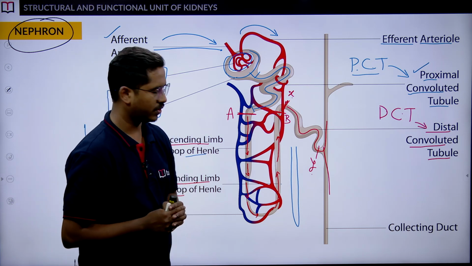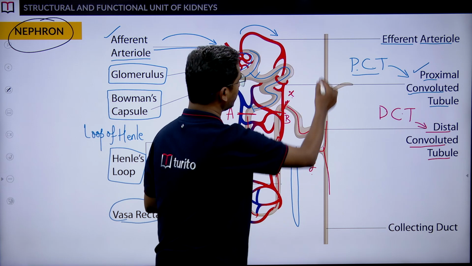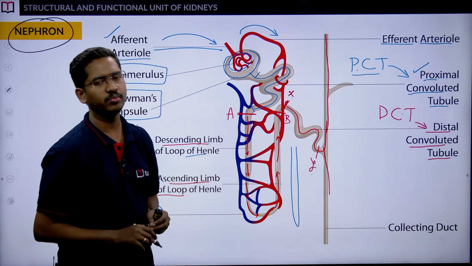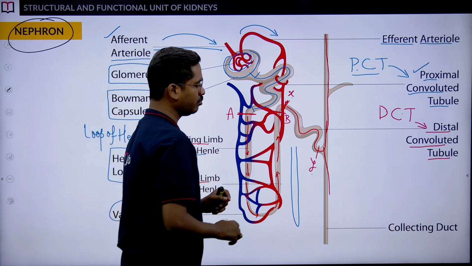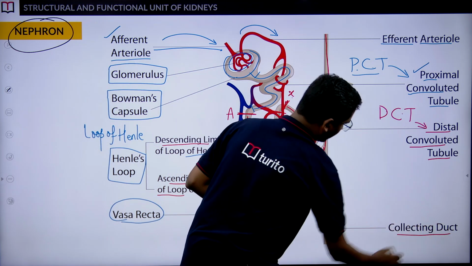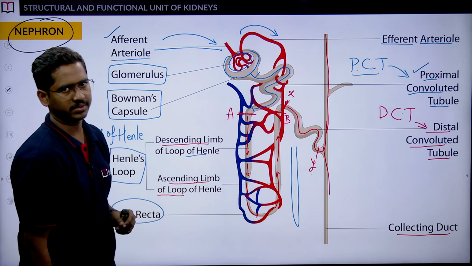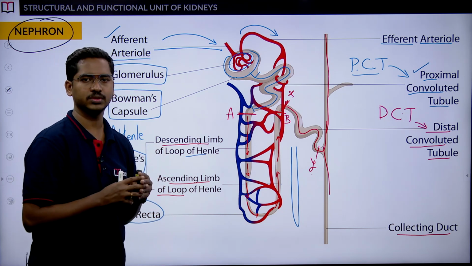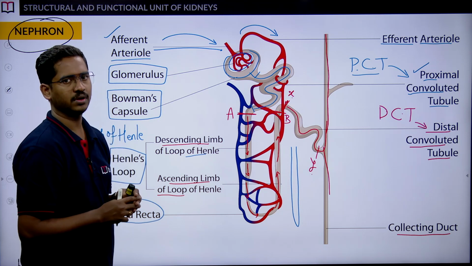Following which we have a long, straight, erect tube. That tube is known as the collecting duct. So, this is in short about the structure of the nephron.